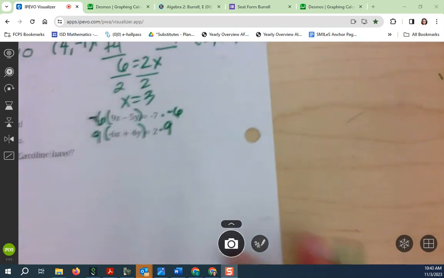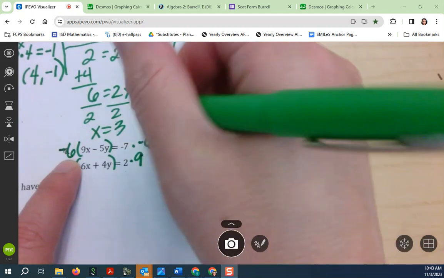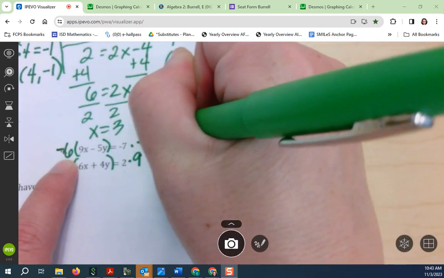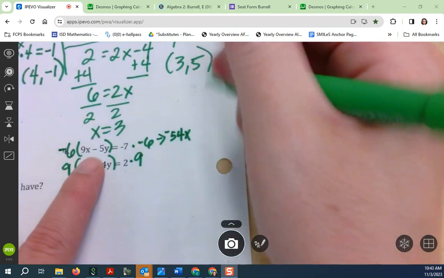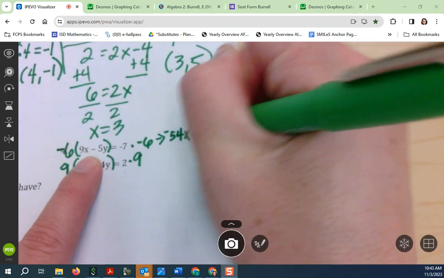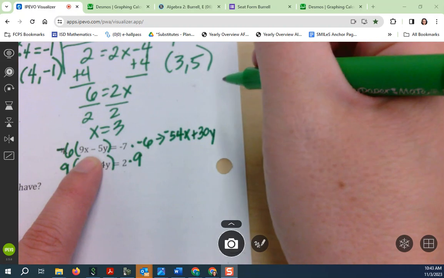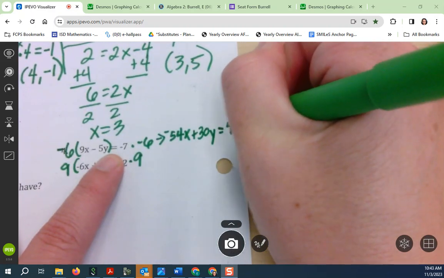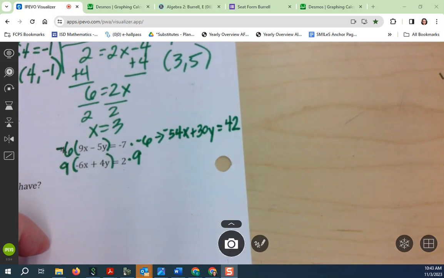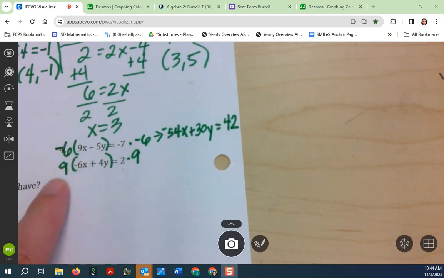All right, so now my first equation will become negative 54x. Negative times negative is positive 30y. And then negative times negative is positive 42. So I multiplied the first equation by the coefficient of x from the second, and now I'm going to multiply the second equation by the coefficient of x in the first.